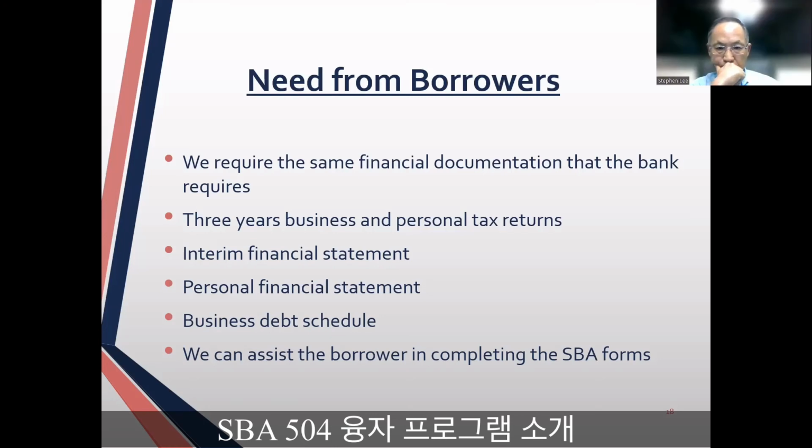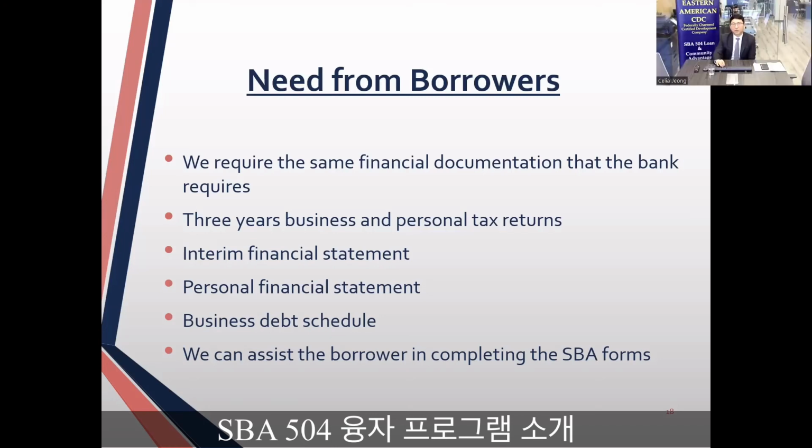So we require 2019, 2020, 2021 business and personal tax returns, and the interim financial statement should be this year's first quarter, which is the first quarter of 2022. So we are requesting a 3-month interim financial statement.